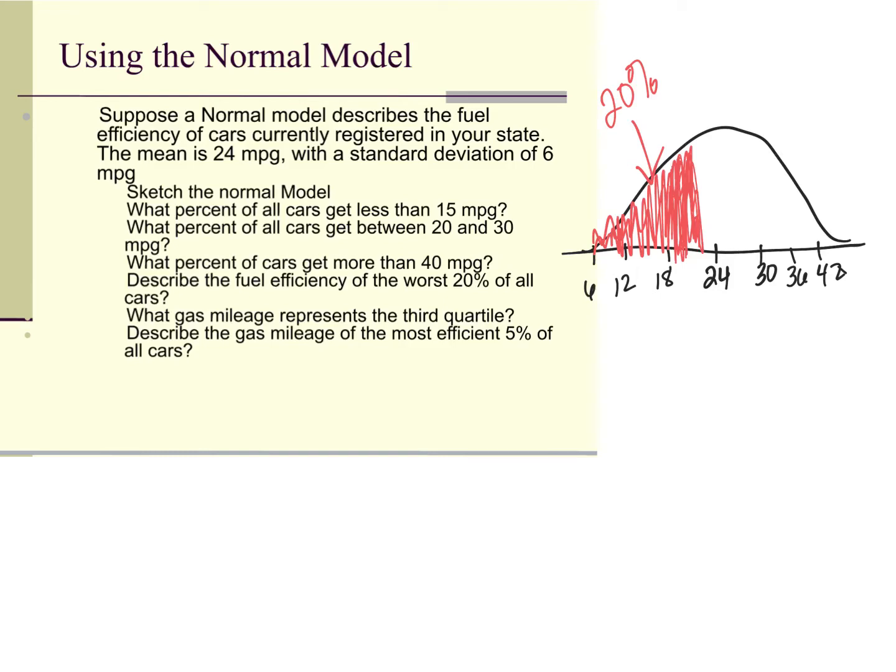So I want the fuel efficiency of the worst 20% of cars. And again, that's the lower numbers, okay? So there's a key in our calculator, and it's called inverse norm. It is in the same menu, second distribution, and it's number 3.